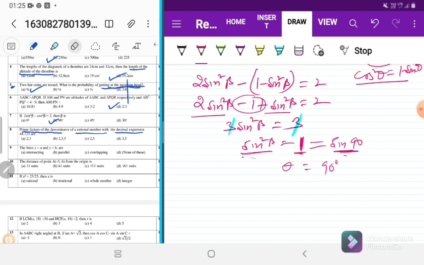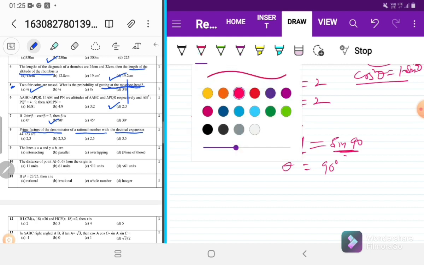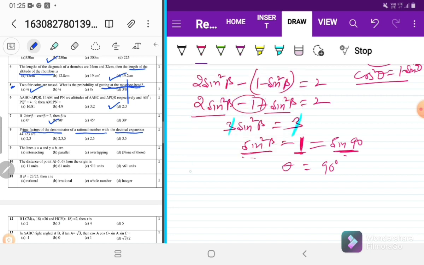Prime factors of the denominator of the rational number, that is 4.123. So you have to write the prime factors of the denominator of the rational number with the decimal expansion.